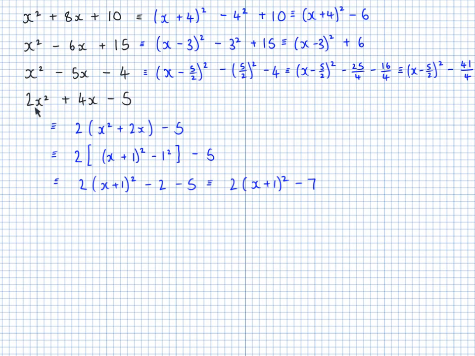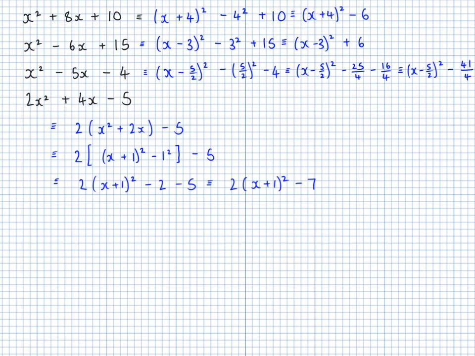So when I started with 2x squared plus 4x take away 5, complete the square, and this is what I end up with. I'm just going to show you how other people like to do it, which is factorizing a 2 from all of these terms. So let's start again.